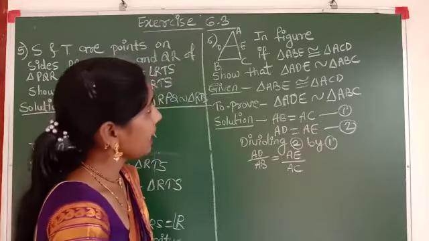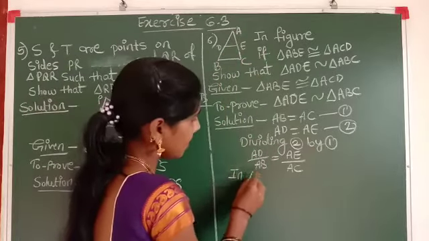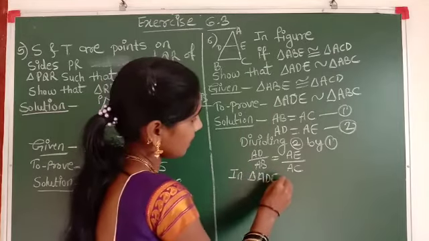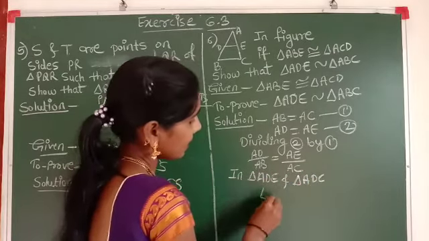In triangle ADE and triangle ABC, here angle A is common.